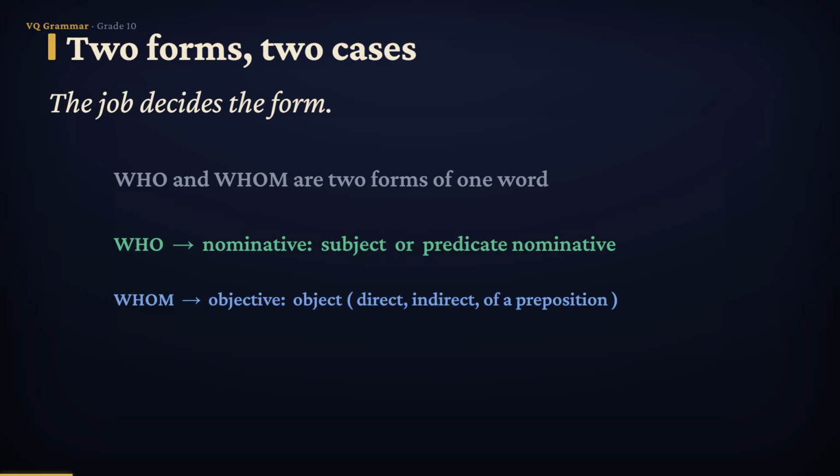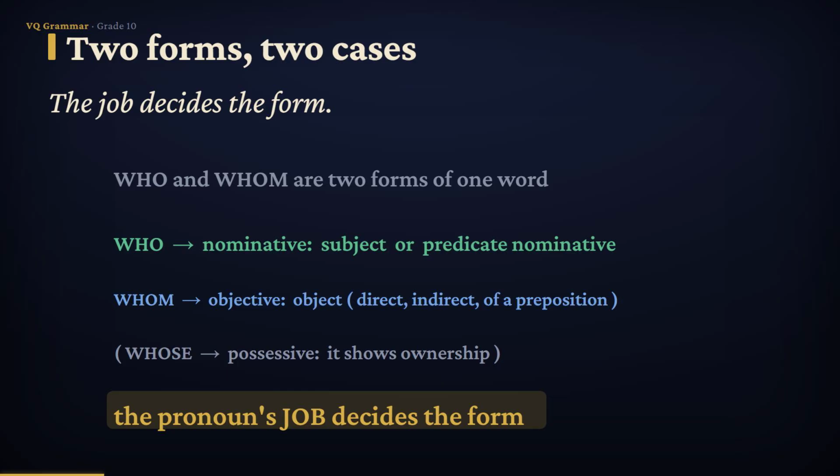That's the object form. You reach for whom when the pronoun is on the receiving end, a direct object, an indirect object, or the object of a preposition. And there's a third form, whose, which is the possessive. It shows ownership, as in, whose coat is this? So here's the whole lesson in one line. The job the pronoun does in its sentence decides the form you write.